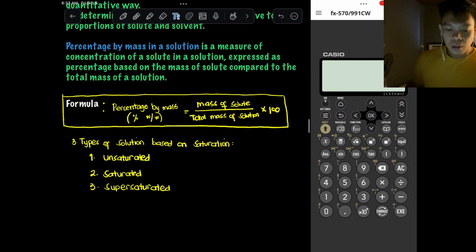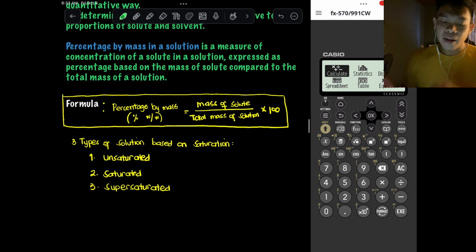There are three types of solution based on saturation. The first one is the unsaturated solution. The second one is the saturated solution. And the last one is the supersaturated solution. We can define these solutions in accordance with the amount of solute present in them.